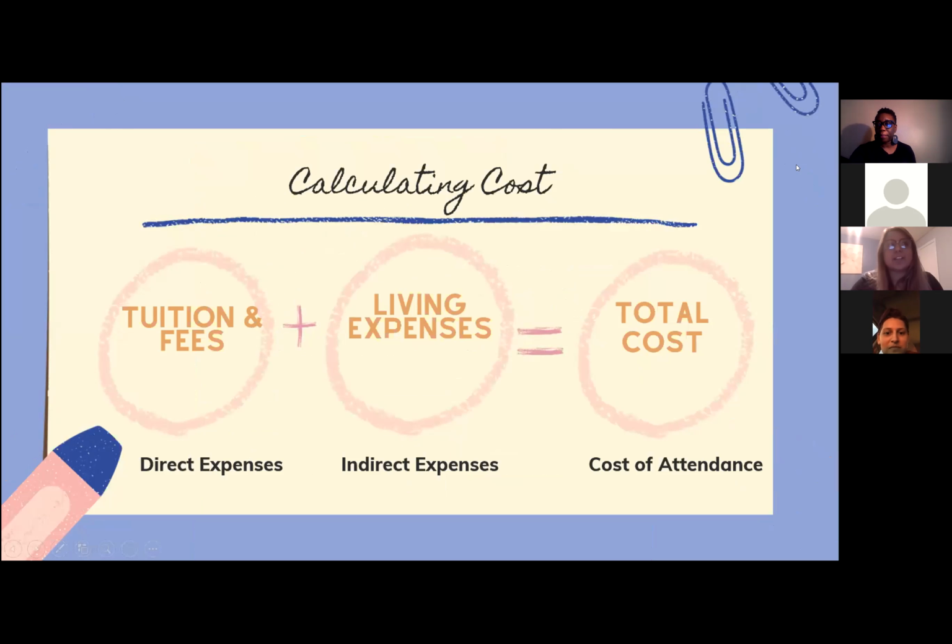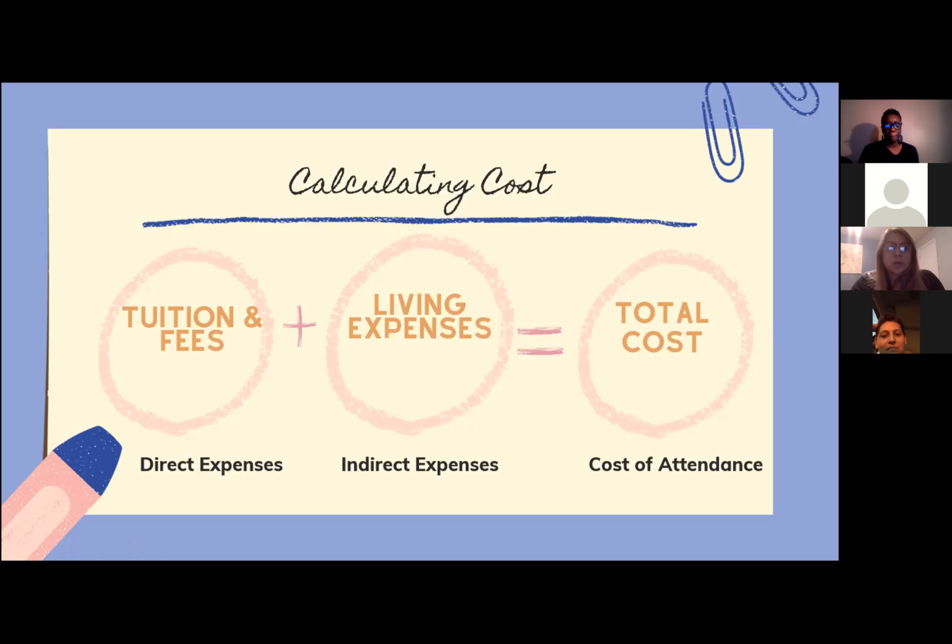So calculating a loan amount, this is something that we always get asked. And one of the things that both Tammy and I always tell students is that there isn't just one exact amount or one special number. Everyone has different circumstances unique to each and every one of you. Not everyone is in the same financial situation.